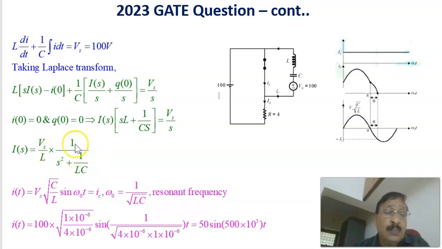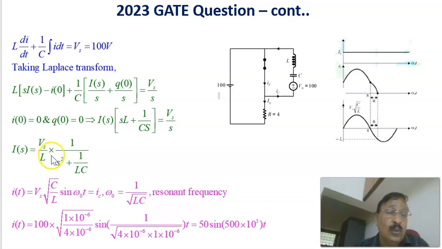Then this part is omega naught divided by (S squared plus omega naught squared). The inverse Laplace transform of omega naught divided by (S squared plus omega naught squared) is sine omega naught t. That is why we multiplied the numerator by omega naught. Since we have multiplied the numerator by omega naught, we have to multiply the denominator also by omega naught.